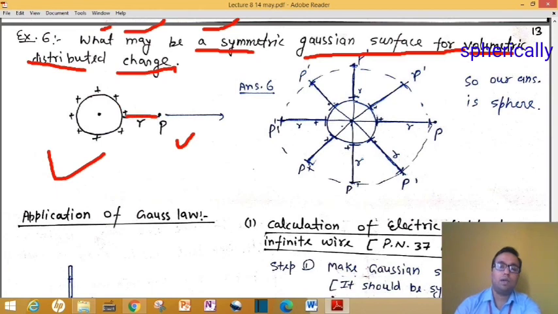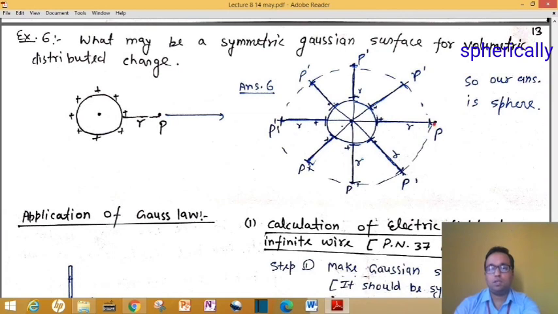You have to make its Gaussian surface. Suppose you have a point P, its mirror image is this one, then this one, this one. On this surface you have to mention all those points which are at the same distance, small r, and if you do so, you will get another sphere like this dotted one.